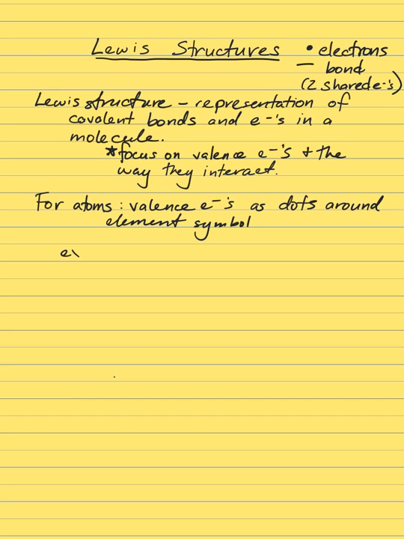So for example, hydrogen, its symbol is H and it has one valence electron. Carbon, its symbol is C and it has 4 valence electrons. Fluorine, its symbol is F and it has 7 valence electrons.